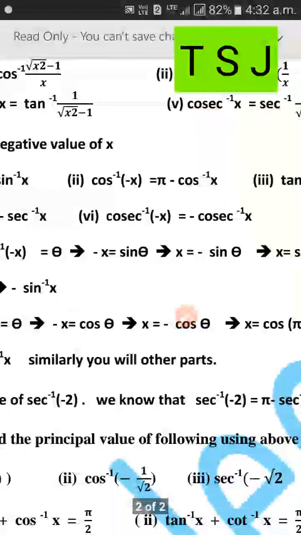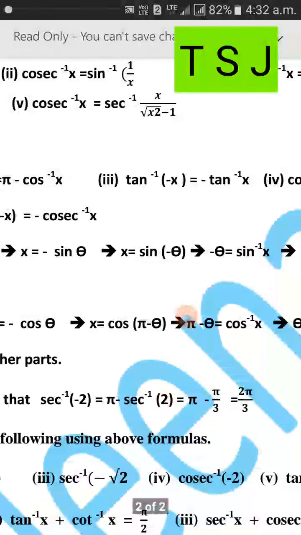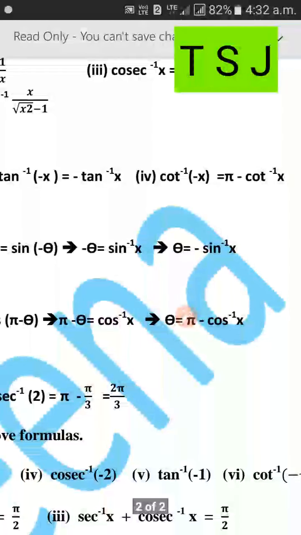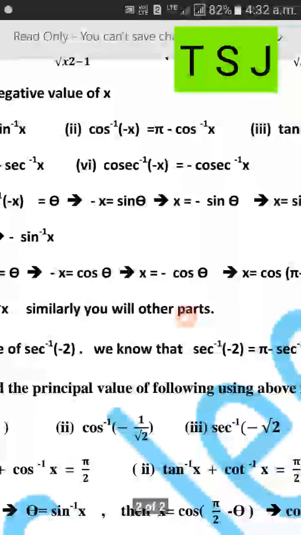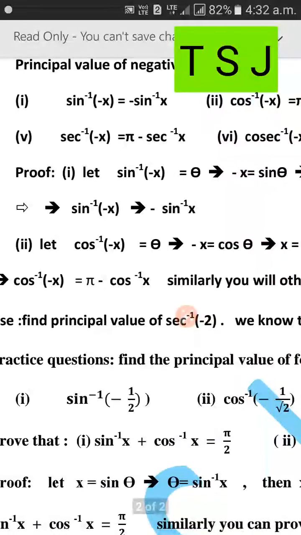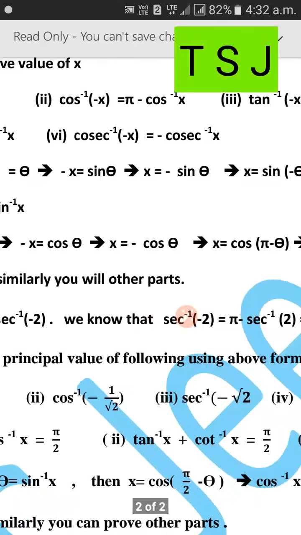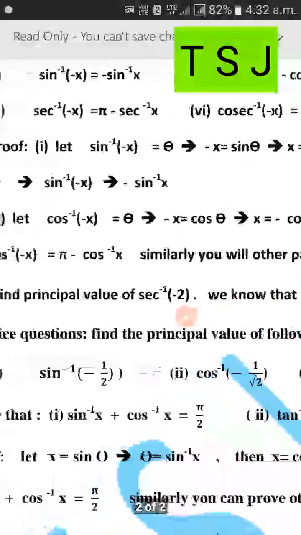In the same way, cos inverse minus x equals pi minus cos inverse x, tan inverse minus x equals minus tan inverse x, cot inverse minus x equals pi minus cot inverse x, sec inverse minus x equals pi minus sec inverse x, and cosec inverse minus x equals minus cosec inverse x.